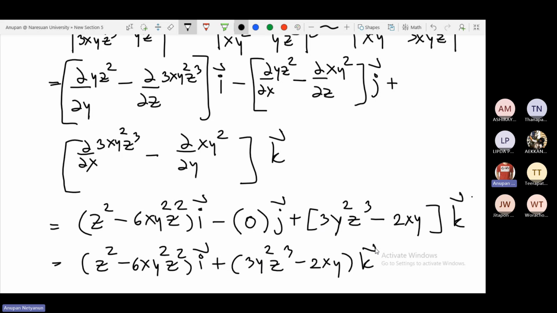Okay, this is a good area that you can get points on the final.